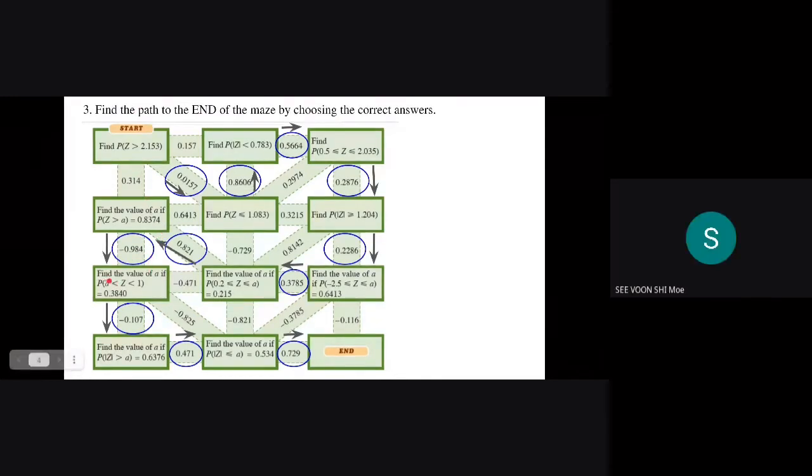Next, find the value of A if z is between A and 1. Z is greater than A and less than 1. So we can see that z is smaller than 1. So the number for 1 from the table is 0.1587.